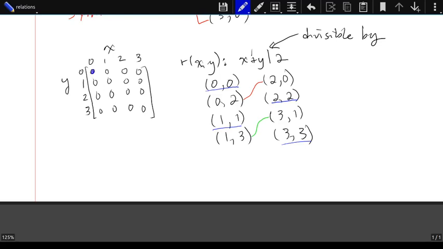So we have 0, 0, and 0, 2. Then we have 1, 1, and 1, 3. We have 2, 0, and 2, 2, and we have 3, 1, and 3, 3. One thing to notice is that this relation is reflexive.